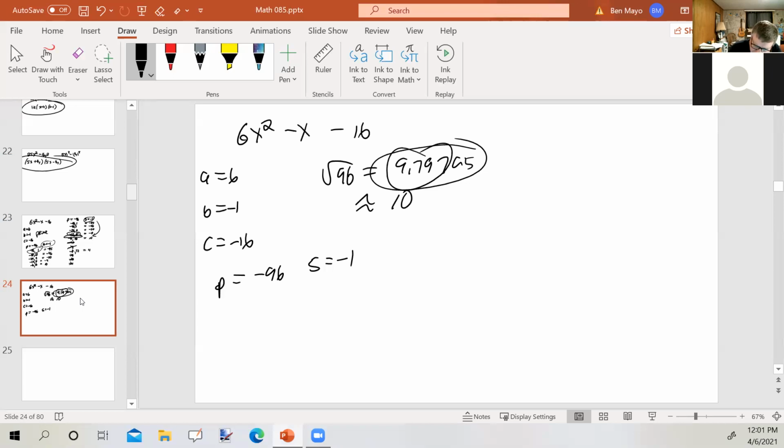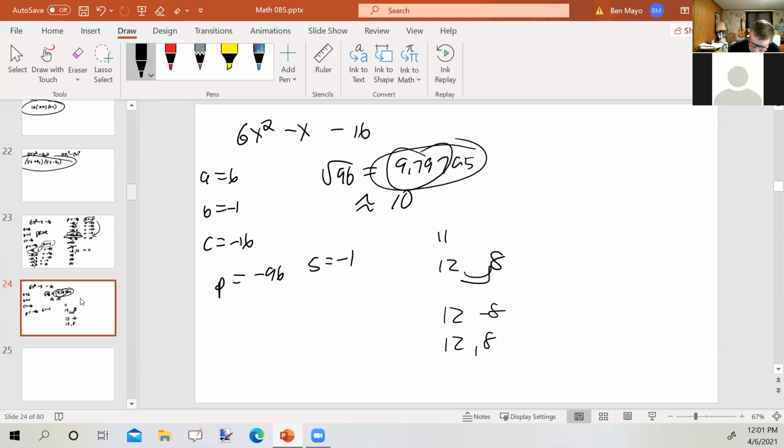Well, let's see. Does 10 go into 96 evenly? No. 96 divided by 10 doesn't go in evenly. How about 11? How about 12? 12 goes in 8 times, but oh, those are too far apart, aren't they? Because it'd have to be like a 12 and a -8 or a -12 and an 8. We'll go the other direction.